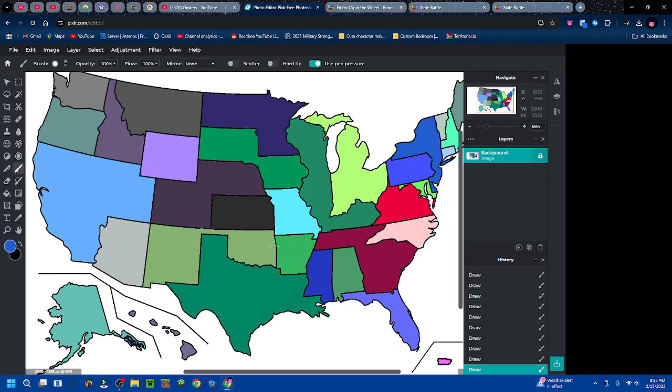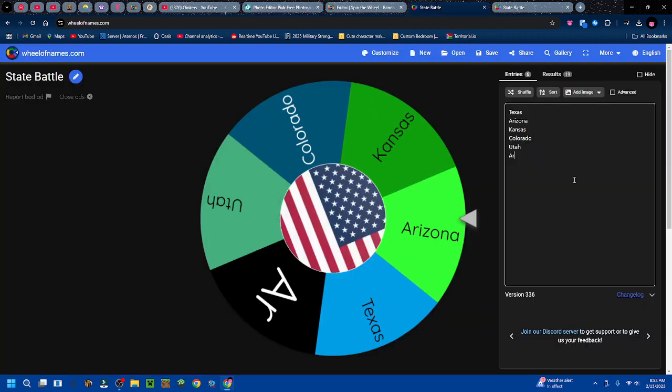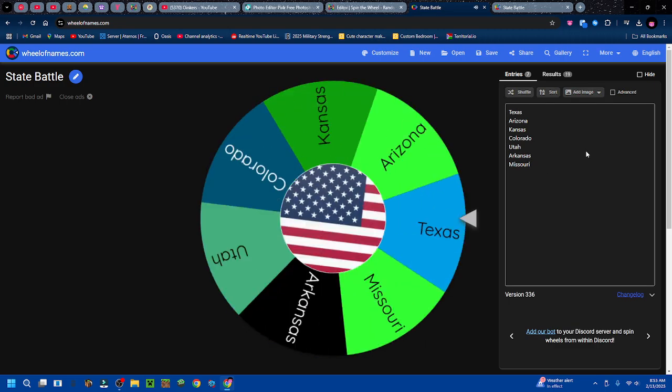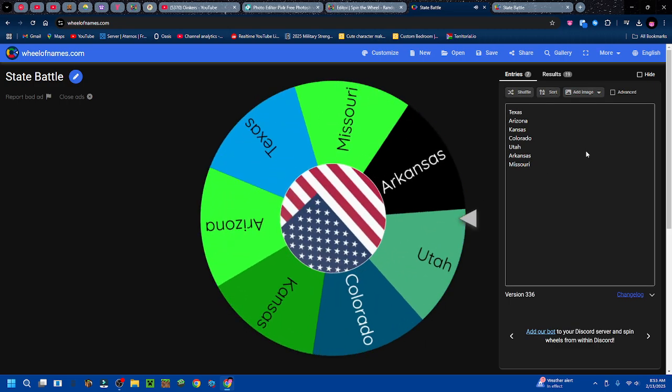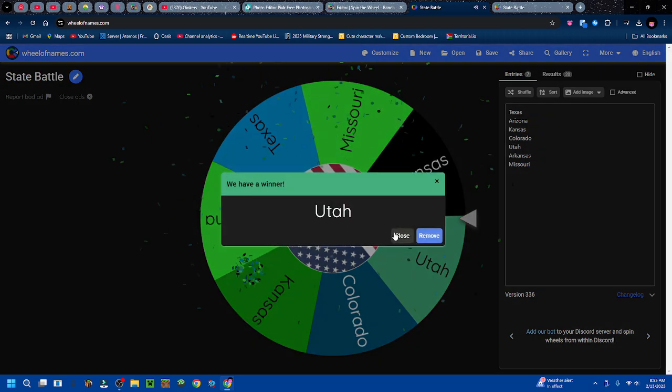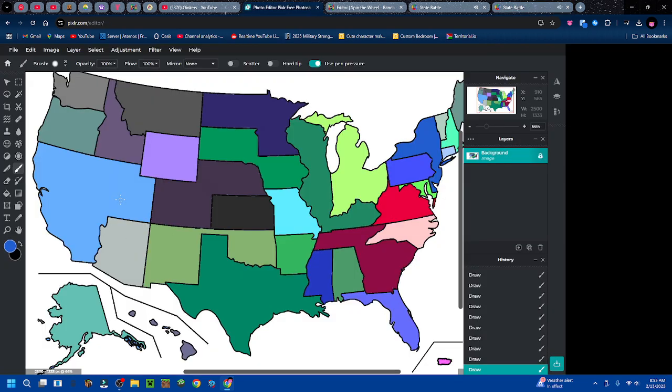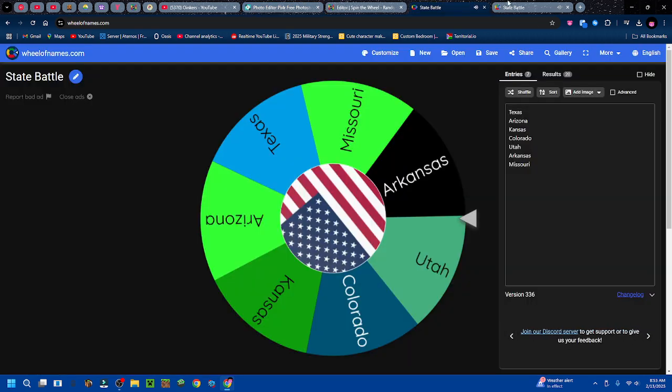And they border Arkansas and Missouri. This is a lot. They're gonna be warring with Utah. Alright, so they have a win advantage, but so does Utah a little bit.